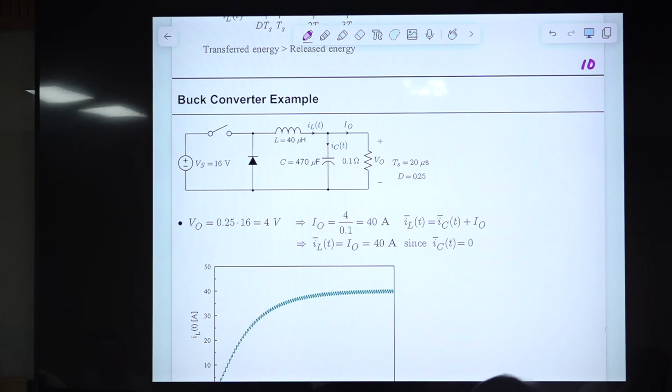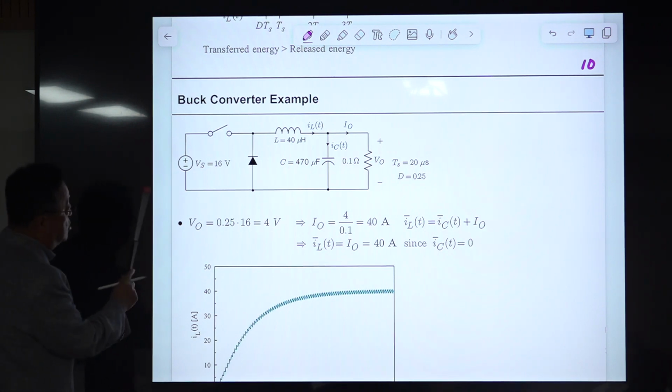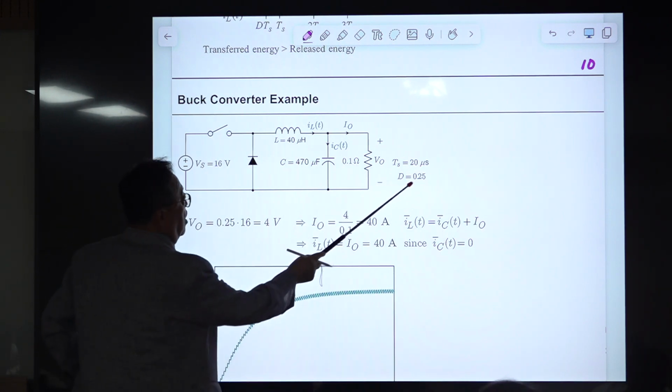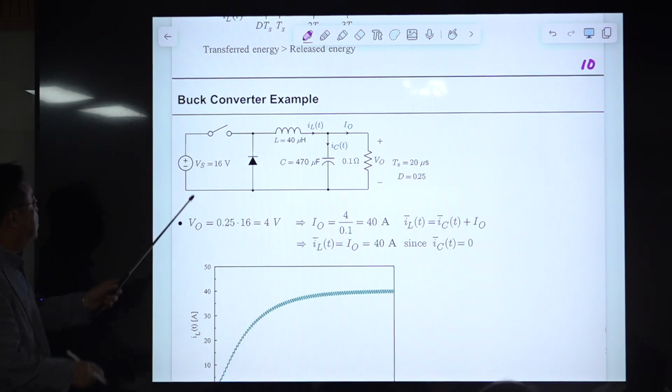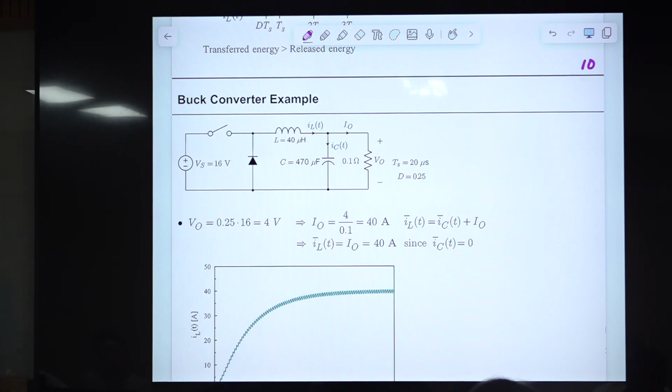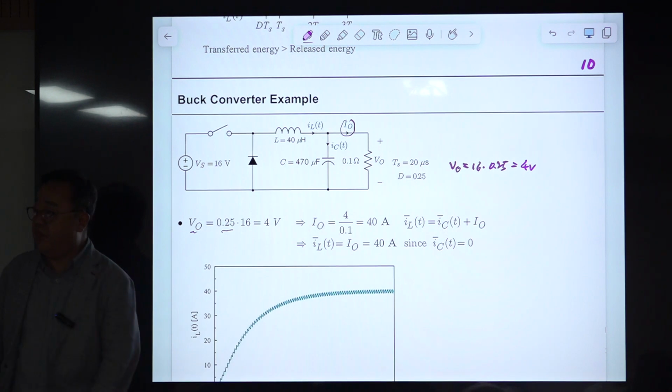This is another example, about the same converter. Here the switching period is this one, the duty ratio is this, and the output voltage is this times this number, 4 volts. So the output voltage VO is 4 volts, and we have a 0.1 ohm resistor.